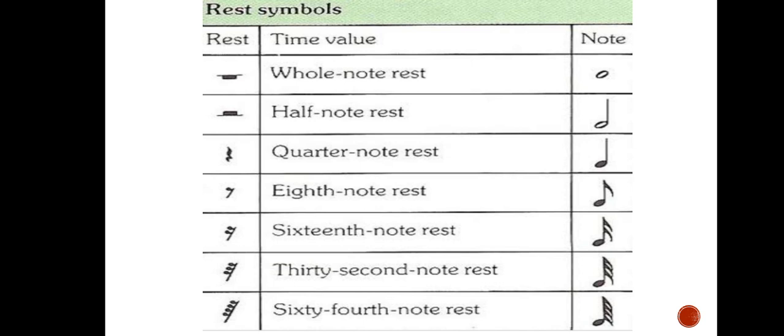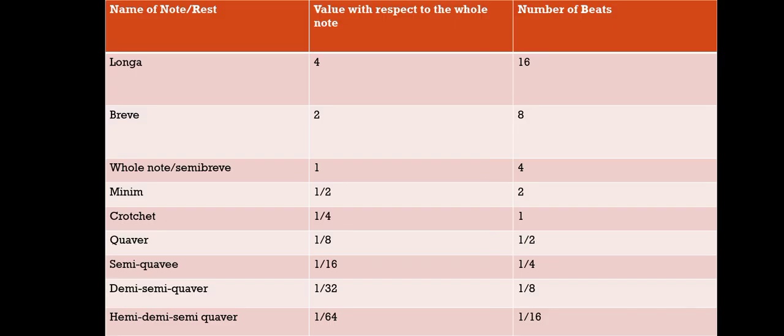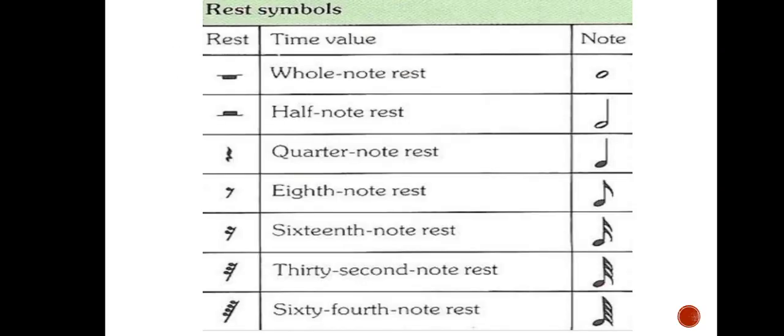The semiquaver, or the 16th note, has two tails. Below the semiquaver there is something called a demi-semiquaver. Looking at the names here, we are saying there's the semibreve, minim, crotchet, quaver, semiquaver, demi-semiquaver, and hemi-demi-semiquaver. So the same names are applied here, but they also have other names, and these other names are the ones used here.